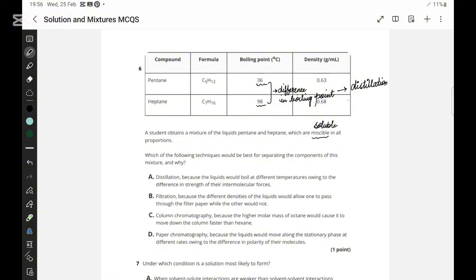This difference is because of the strength of intermolecular forces. As the number of carbon atoms increases, the number of electrons also increases, so there is going to be a difference in boiling point, and they are separated due to the difference in the strength of the forces. So the answer is going to be A.